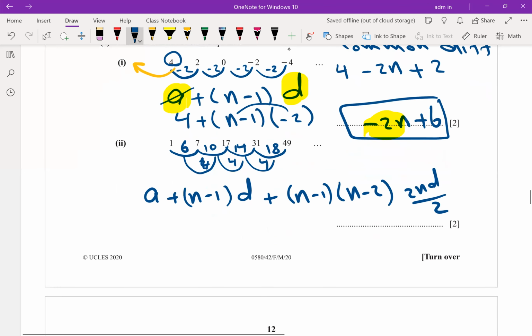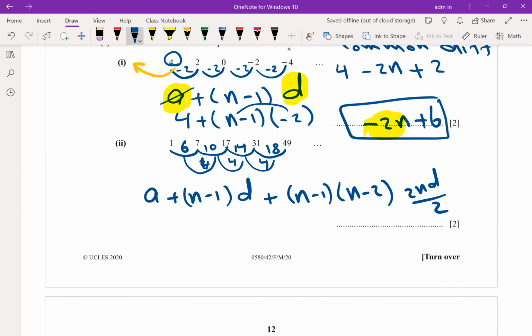Perfect. This is the first method. If the common difference is the same, this is the form a plus n minus 1 into d plus n minus 1, n minus 2, second difference divided by 2.